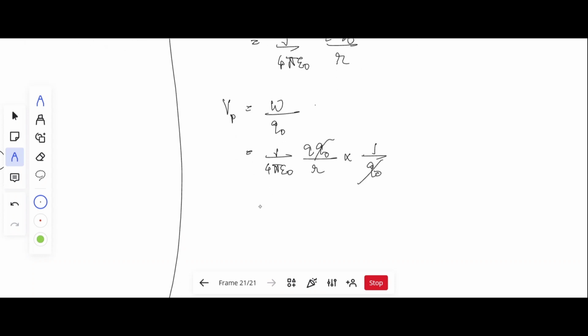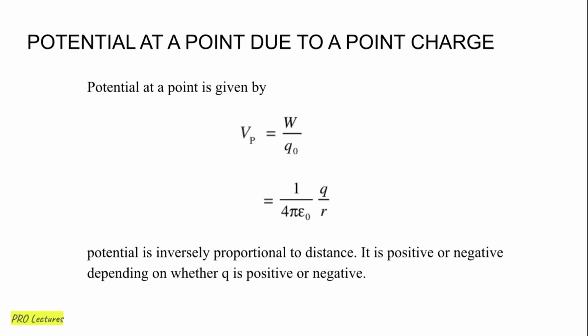Cancelling, we get the potential at the point P is equal to 1 by 4 pi epsilon naught q by r. So, the electric potential at a point due to the point charge is directly proportional to charge q and inversely proportional to the distance r from the charge, and it is positive or negative depending on whether the charge q is positive or negative.